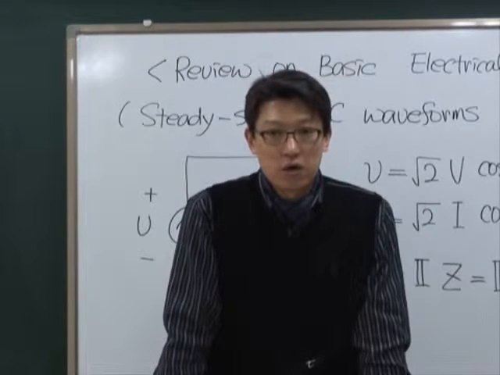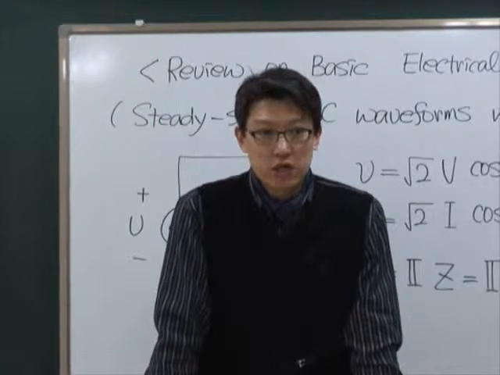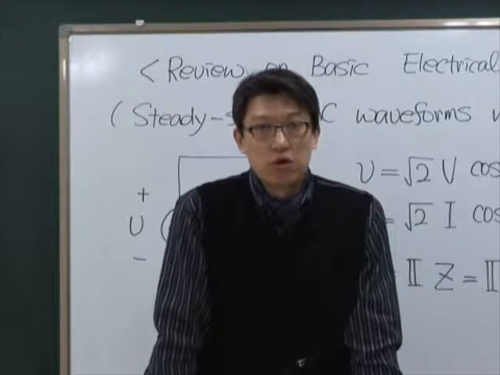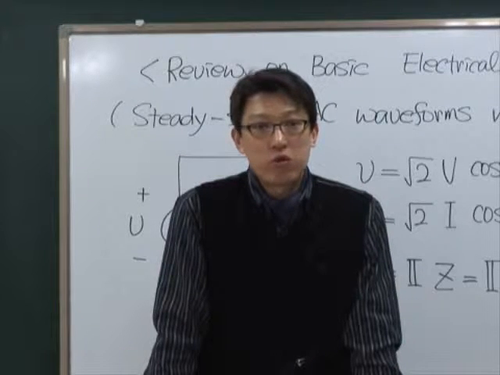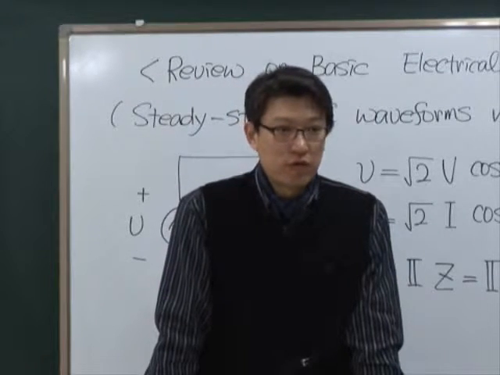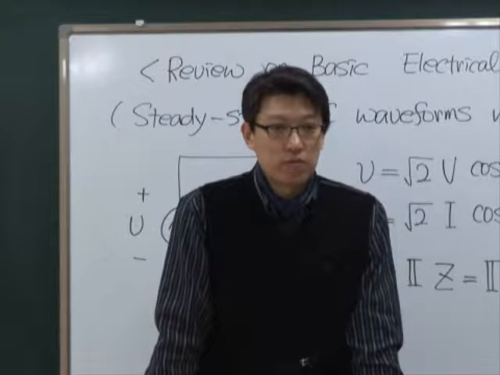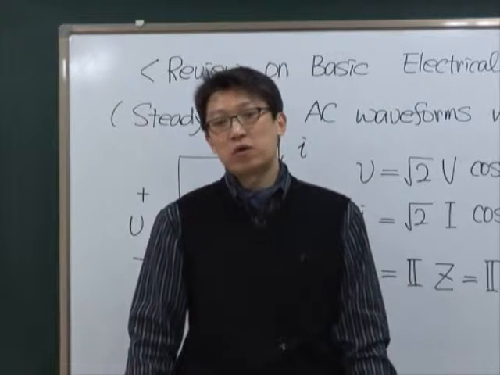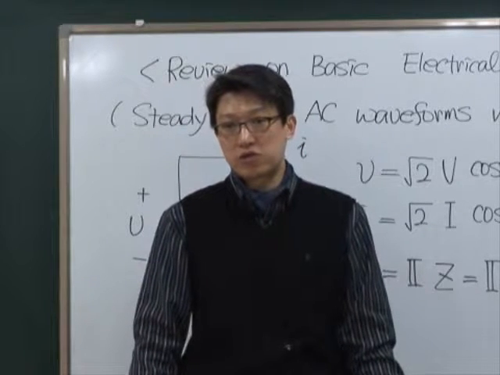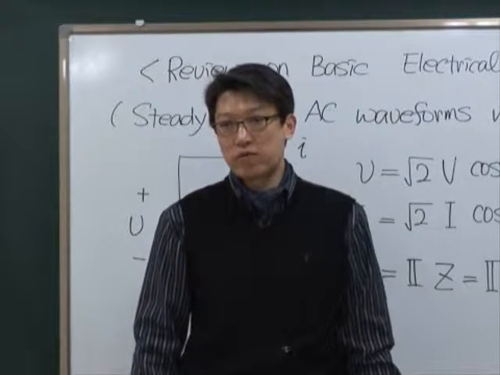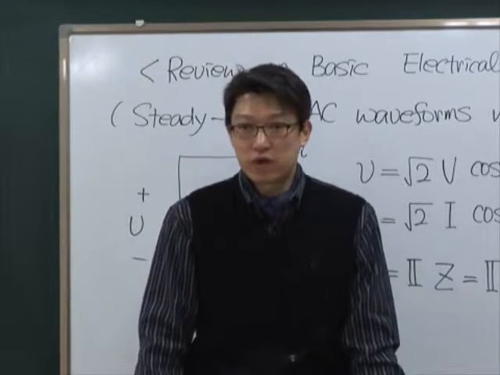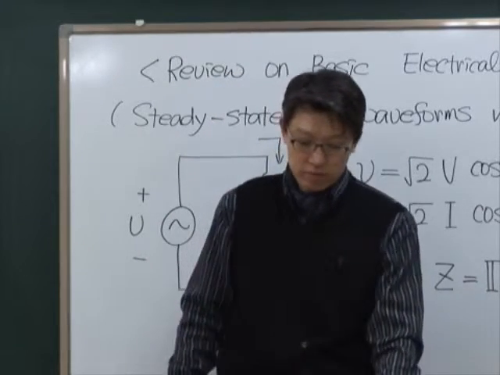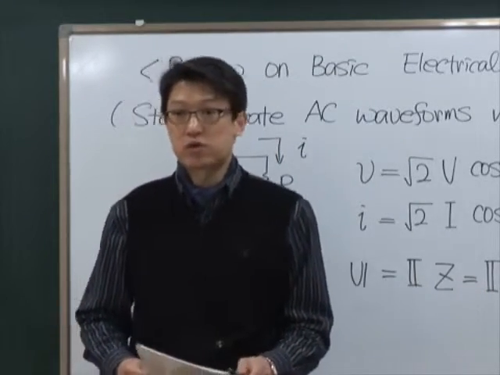Because we are using switching. So what makes a square waveform different from a sinusoidal waveform? Have you ever thought about power and circuit analysis based on square waveforms? I think you have not. So that's why I'm going to review the basic electrical circuit concepts. Okay?